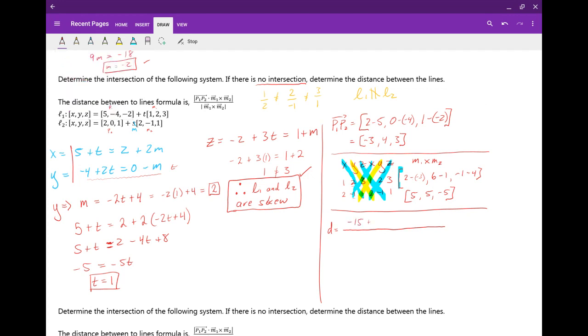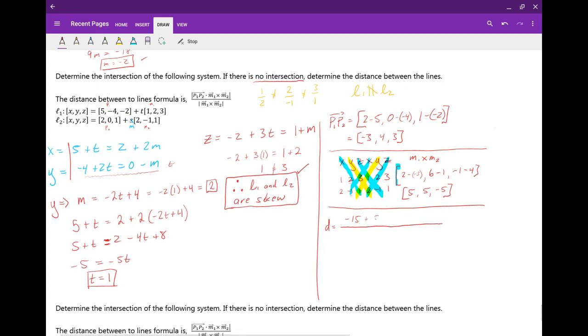Remember, the dot product, you multiply each component and add them. Then it's 5 times 4, which is 20. And then it's negative 5 times 3, which is negative 15. So we're looking at negative 10, and it's absolute value, right? So it's actually a positive 10.